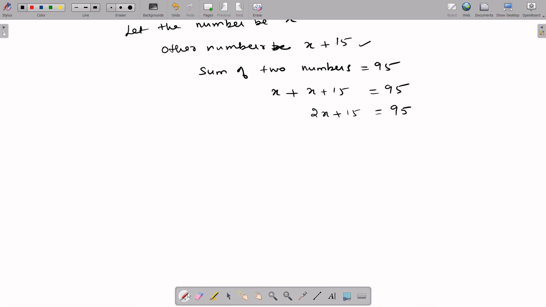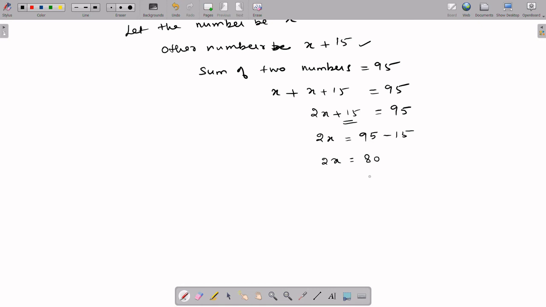Now you have to take this 15 to the other side. Plus 15 goes to the other side and becomes minus 15. So 95 minus 15 is 80. So 2x is equal to 80.